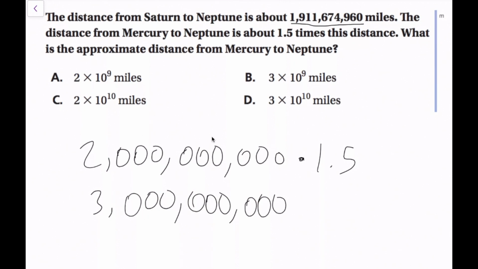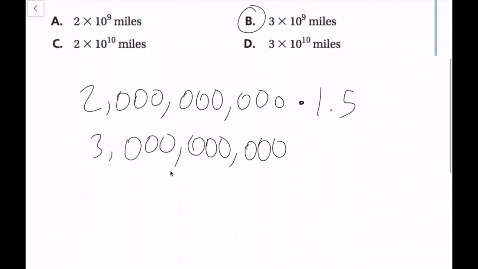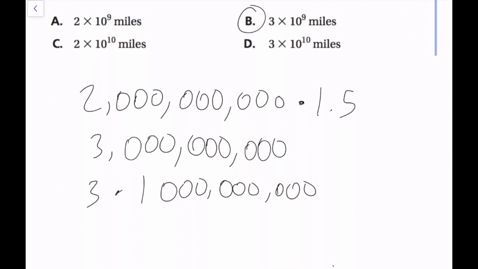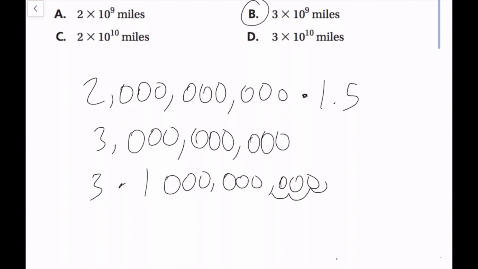Okay, and if I look at my options here, I know that that answer is going to be answer B. And if I also did the decimal trick, what I could have done is broken this up into 3 times 1 billion, and then move the decimal 1, 2, 3, 4, 5, 6, 7, 8, 9 times to get to a single digit. And then I know that that is going to give me 10 to the 9th power. So this is going to be 3 times 10 to the 9th power miles, which is choice B here.